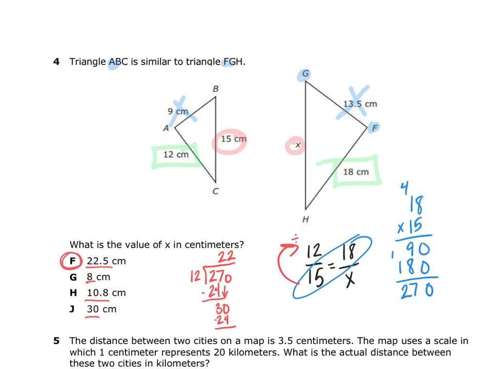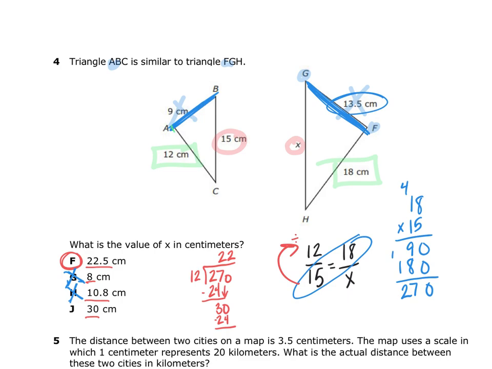Now let's think logically about the problem. We know that this side, the blue side, is the shortest, so GF is the shortest. That lets us eliminate G and H because those are shorter than 13.5. And we're looking for something that's not.